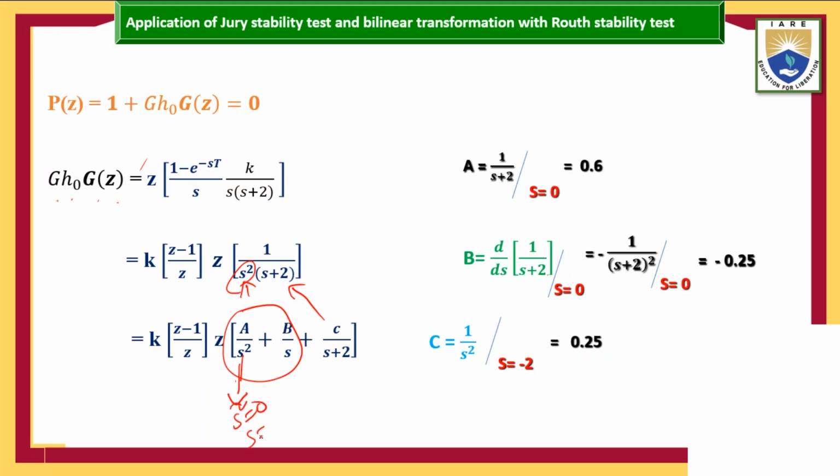That is nothing but s equals 0. I am using the 1 by s square term, so the remaining term is 1 by s plus 2. This is the partial fraction method for finding the values. So it comes to 1 by s plus 2 where s equals 0, which comes to 0.5.